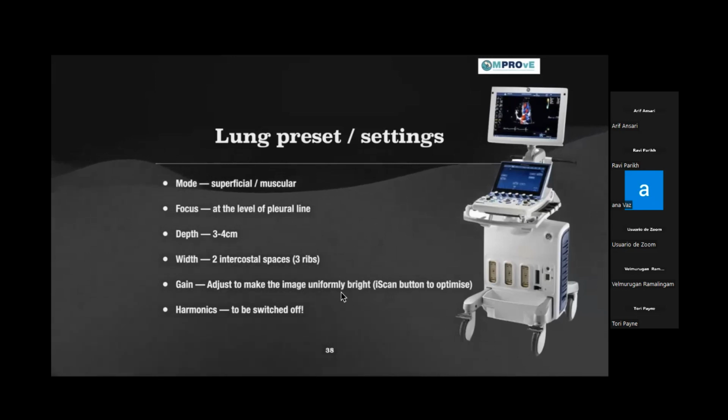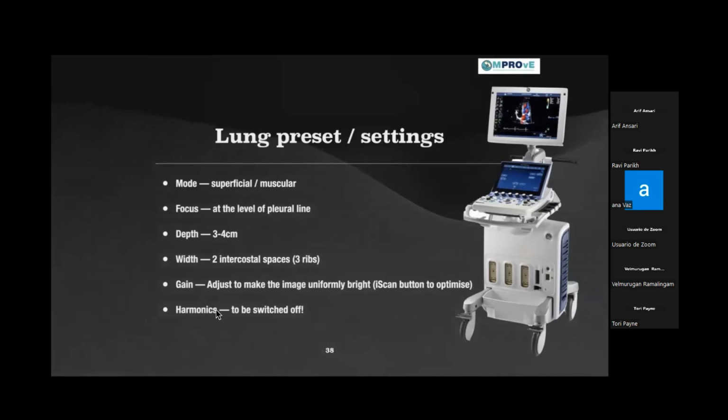You should not be seeing areas that go absolutely deep black while just beyond that area you're getting a bright image. So it should be uniformly bright, and the best way to do it is to hit the eye scan button. Most of the new machines have that, so it figures out on its own the optimal gain setting for the area you are scanning.